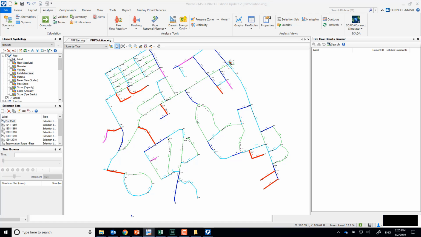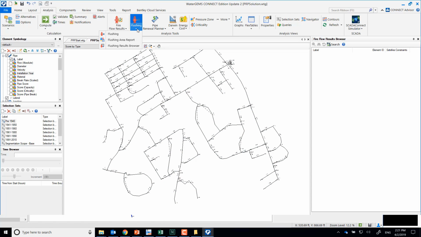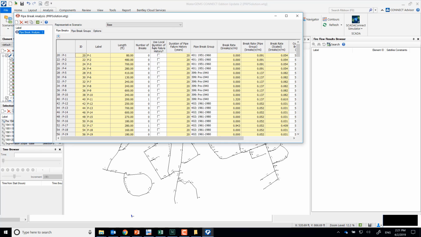All right. And then we went to the other tool, which is the pipe break. And remember what we did here is we input 20 years worth of break data. And you can see here that some of them had no breaks in those 20 years. Some others did.